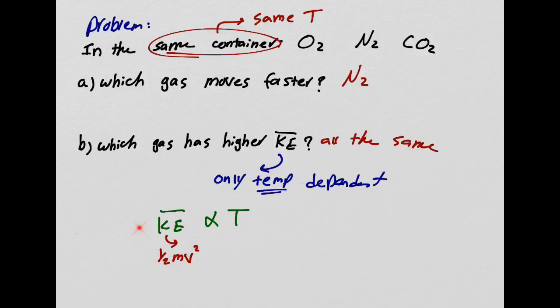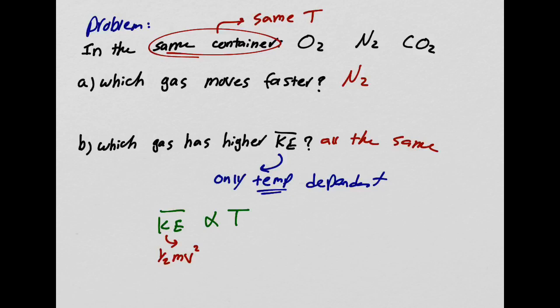Now, the average kinetic energy depends on temperature. As long as you have the same temperature, they have the same average kinetic energy. So remember that. Same container, same temperature, same average kinetic energy. So far, so good? Because this one goes up, one goes down, this remains constant, and then you have to look at the temperature to figure it out. All right, so far, so good.